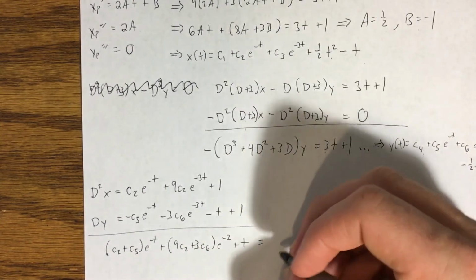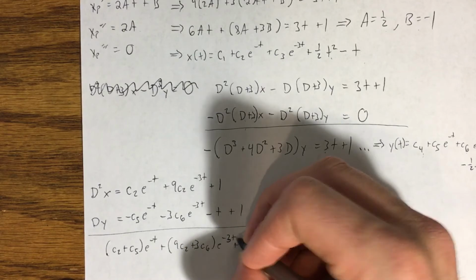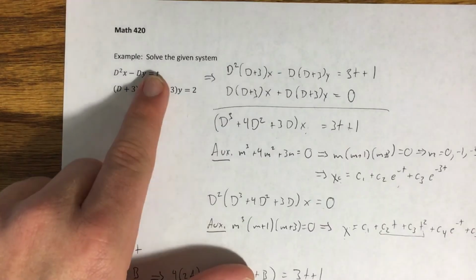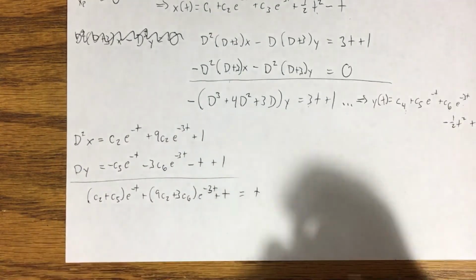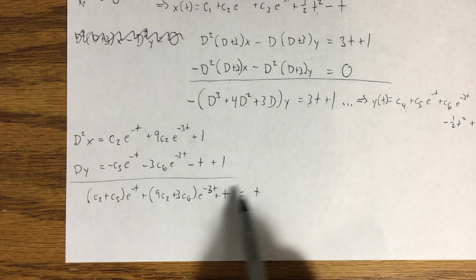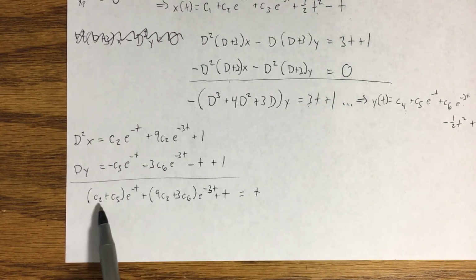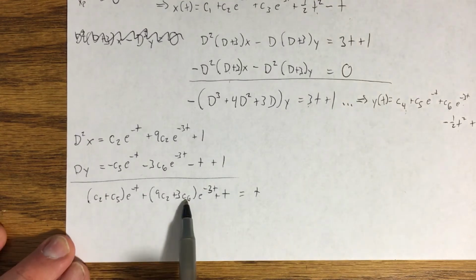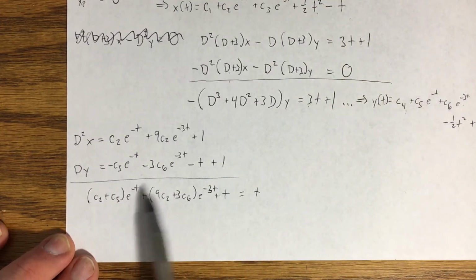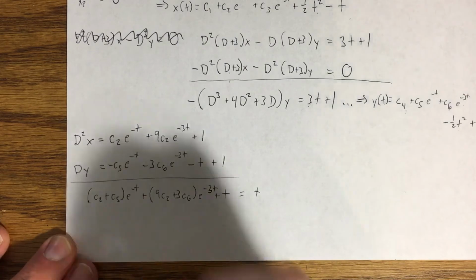And that should be equal to t, according to this first equation up here. Okay? So the t's already match up. There's no unknowns in front of that t that I need to solve for, but these two coefficients should be equal to 0 since I don't have e to the negative t or e to the negative 3t terms showing up on that right-hand side.